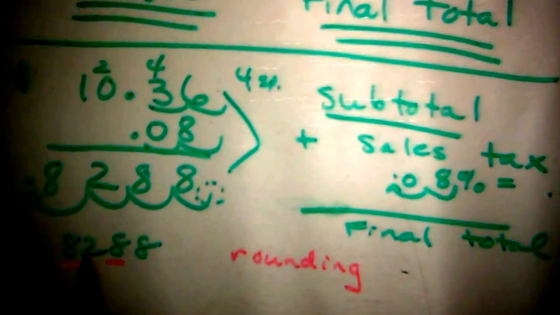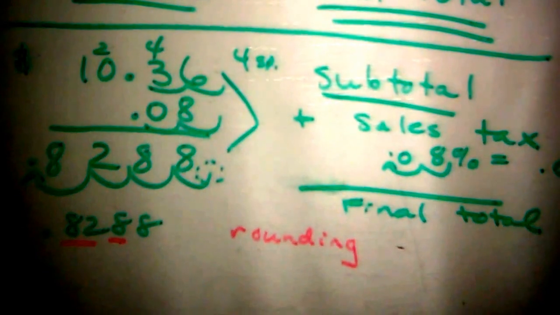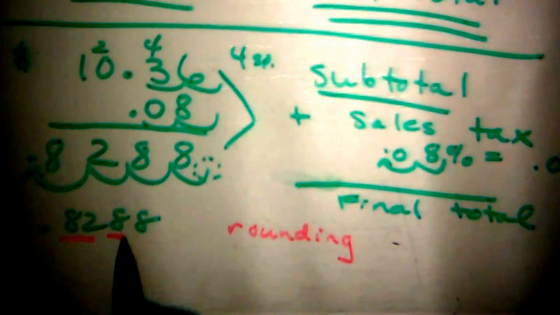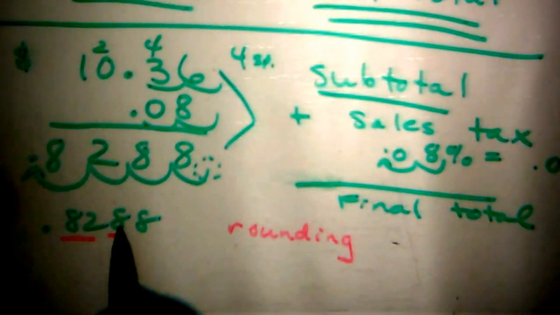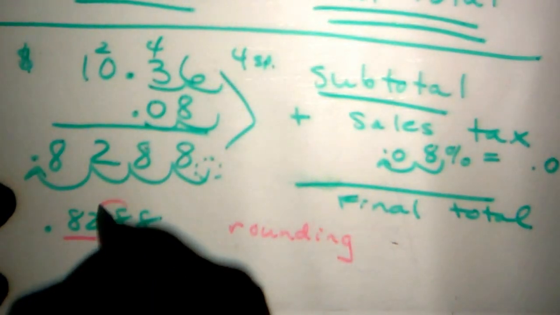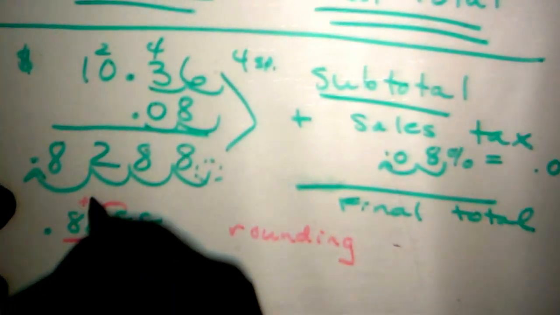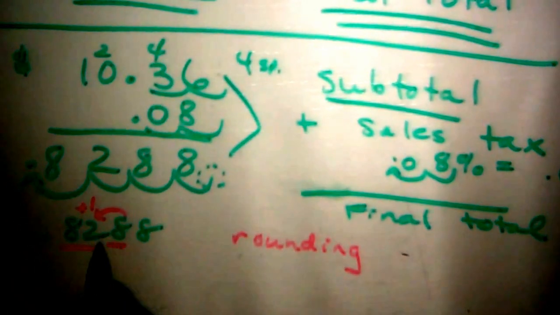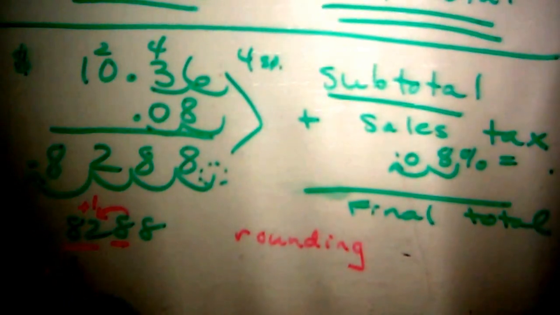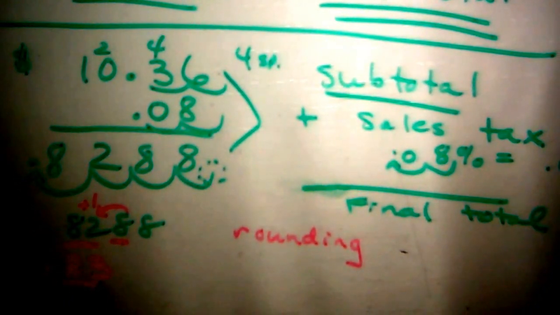I just need 2 decimal places, so I look at the 3rd decimal place. Is this above 5? Yes, it is. 5 or above, that means I need to go back to the left and increase it by 1, which I'm going to do. So now my tax is 83 cents.